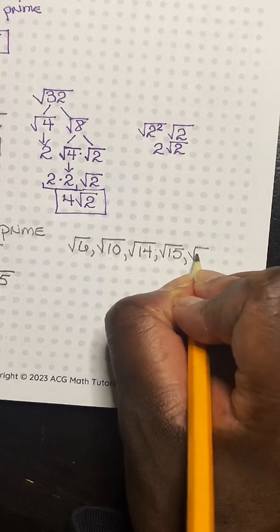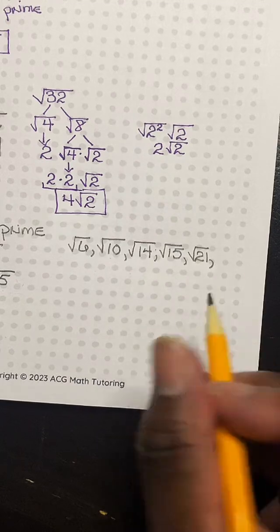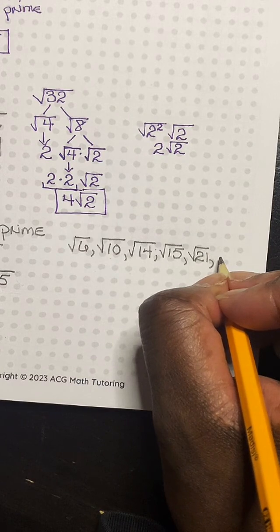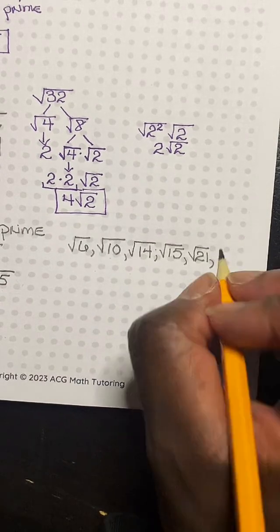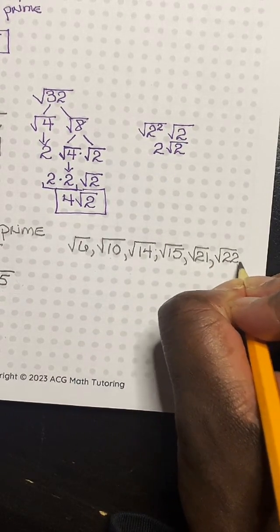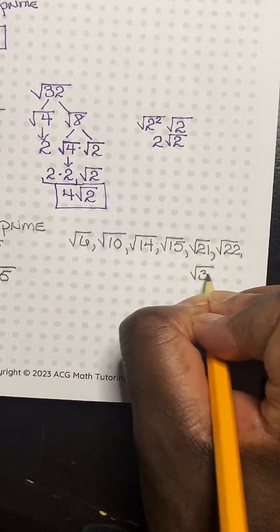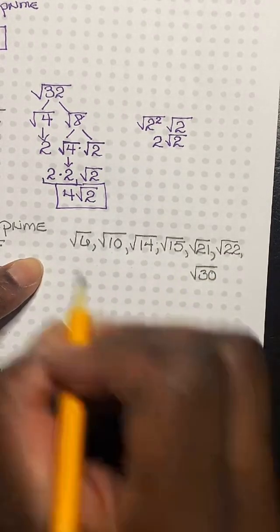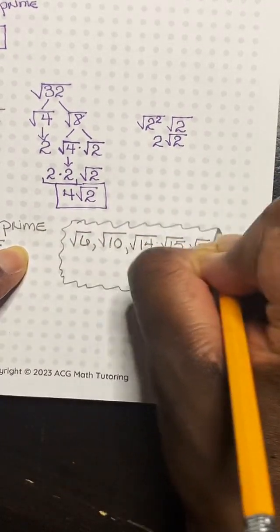Square root of 21. Because all we can get is 7 and 3. And I want to say there's another one with 21. Well, 22, that'll be 11 and 2. But the other one that you'll see the most will also be your square root of 30. There is more, but these are the most popular ones. Okay.